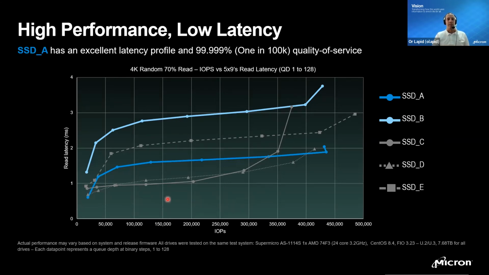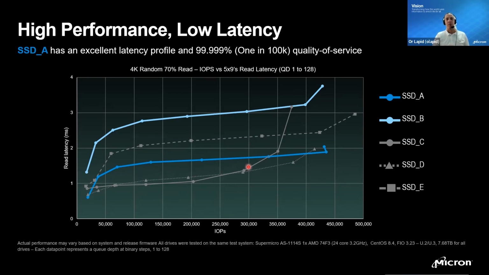So as far as we go to the right on this graph, we need to stay at the lowest latency, and this is the best QoS scenario. If we look at this graph, we can see that SSDs C and D are acting with the best QoS at lowest Q depth.